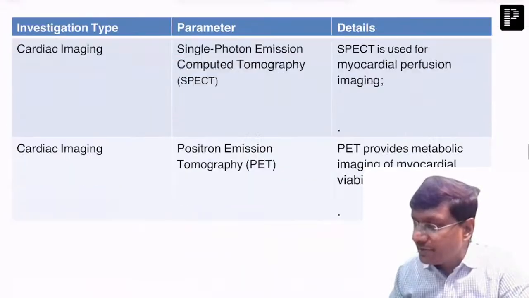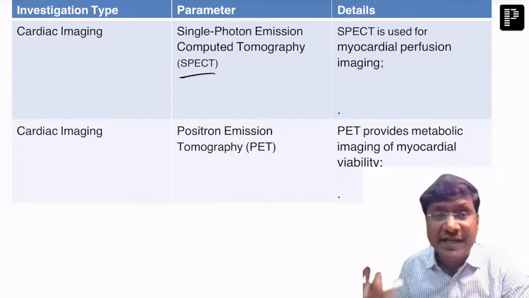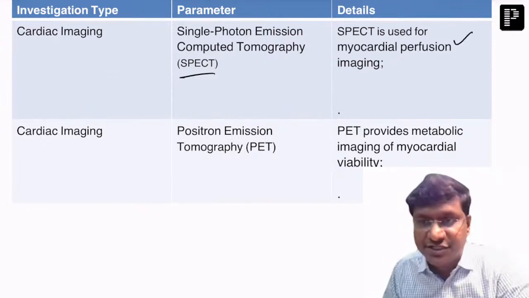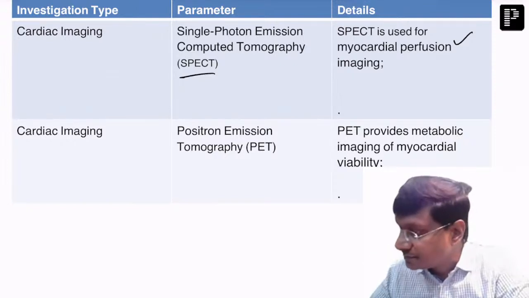And another important imaging is the SPECT, that is single photon emission computed tomography. What is this useful for? This is used for myocardial perfusion imaging, and this will detect the areas of reduced blood flow.